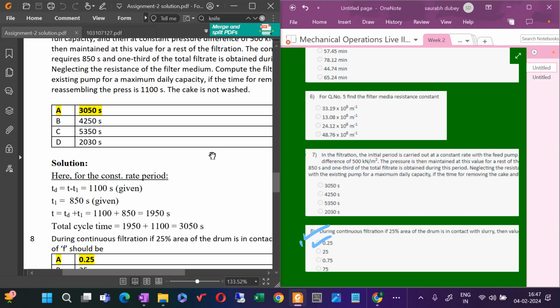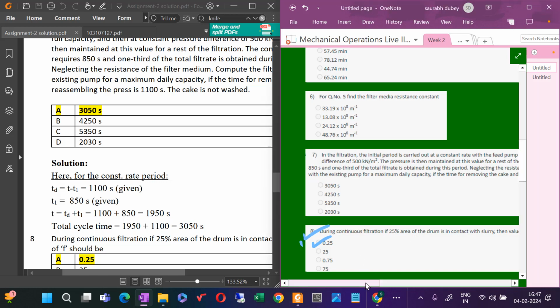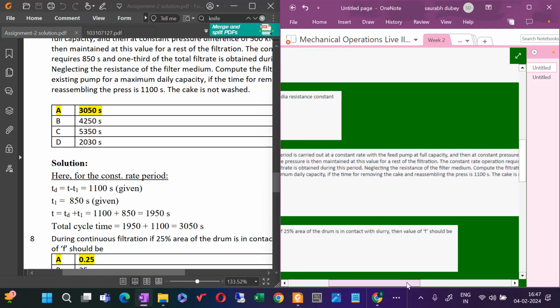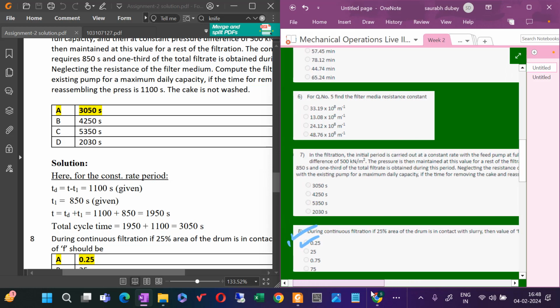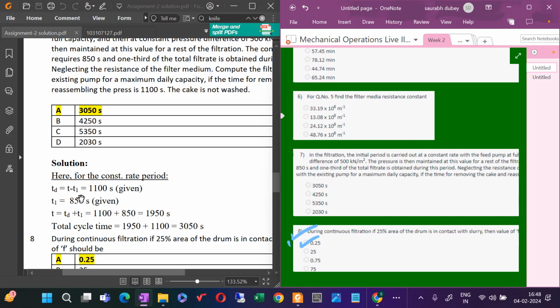T1 is what? The 850, which is required for the filtration to happen. The constant rate operation requires 850 seconds. So 850 is the time for the constant rate.